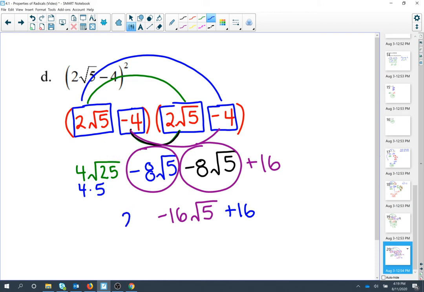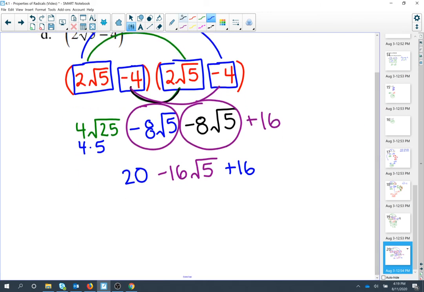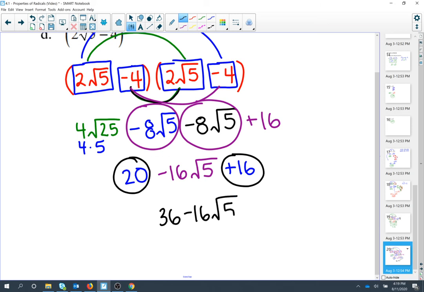That's 20. Then I look at that once again, and I say, okay, 20 plus 16 is 36. Drop down your minus 16 root 5. Do not subtract 36 and 16 because they are not like terms. And you're done.